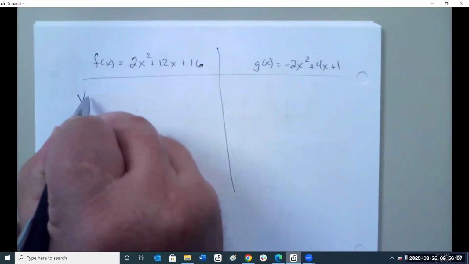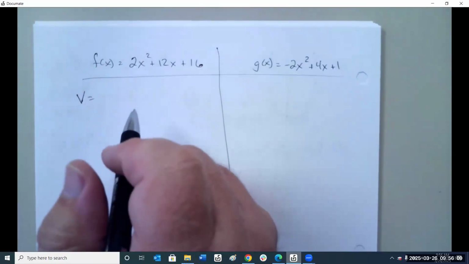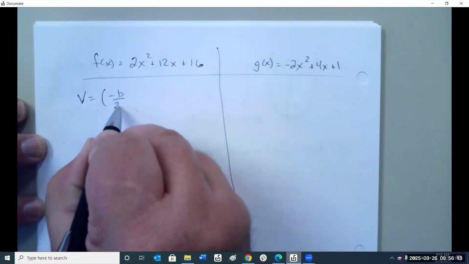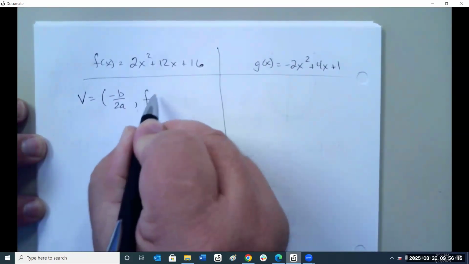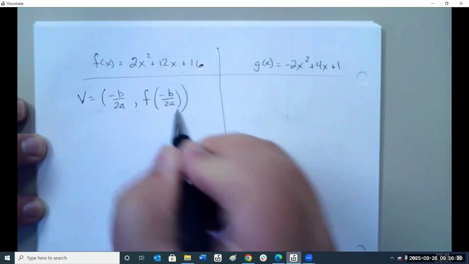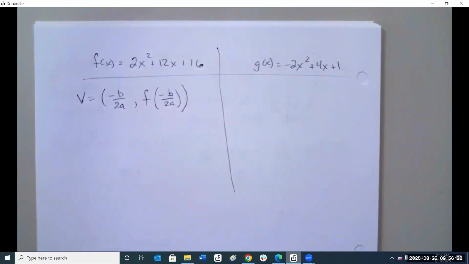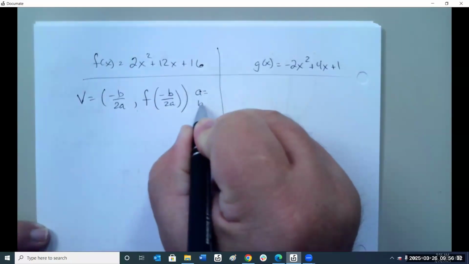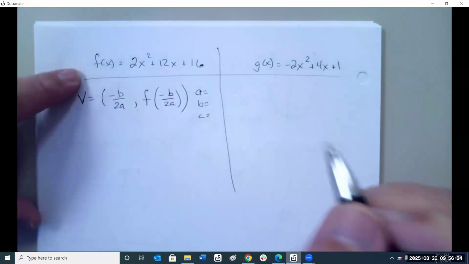So the vertex. Remember, if it's in standard form, we have to use this formula. So for right now, what are my a, b, and c in this first one?